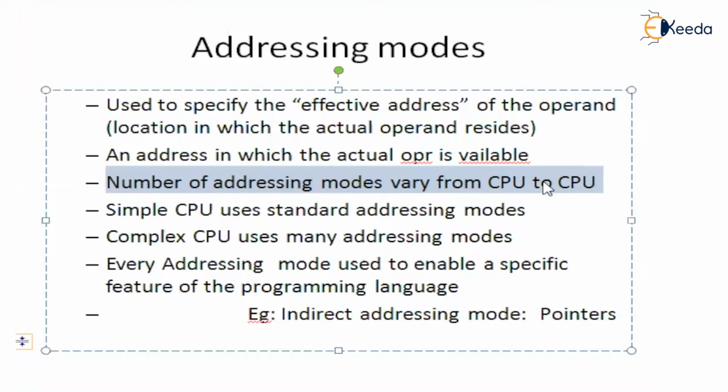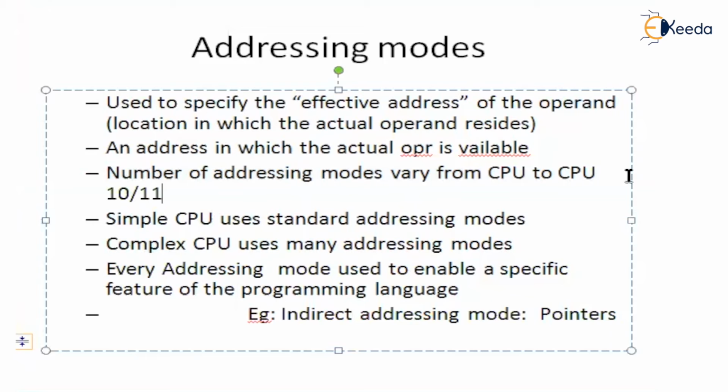As we are designing a simple system, we can have a few addressing modes. But as the computer system complexity increases from 8086 to i9, the number of addressing modes will also be different. So in our computer system that we are designing, we may use 10 or 11 addressing modes.